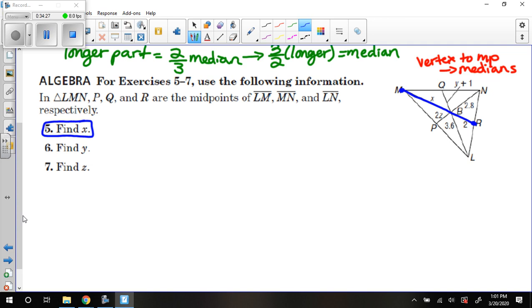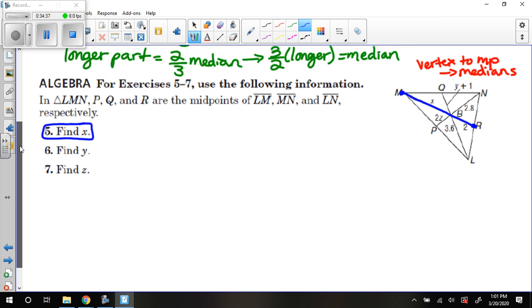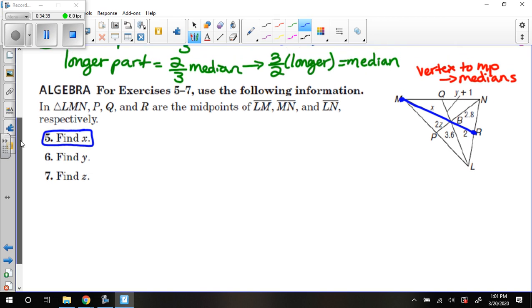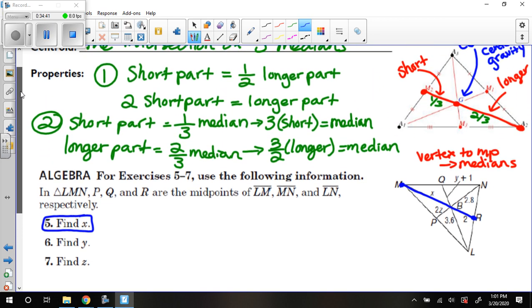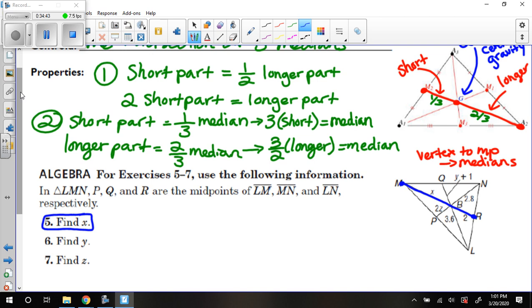x is on the longer piece, correct? So if I want to find the longer piece, I need to figure out what I need to do to the shorter piece, which I know is 2. If I look up here, in my first property, I know that 2 times the short piece is going to equal the longer piece.